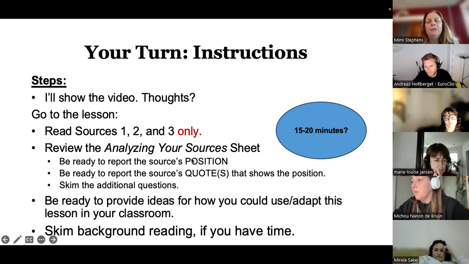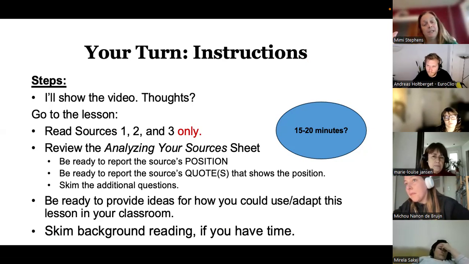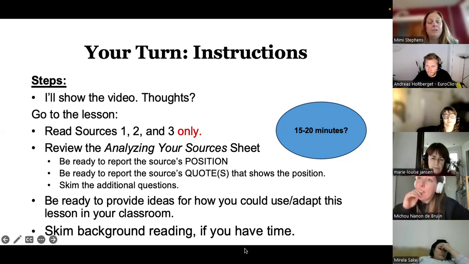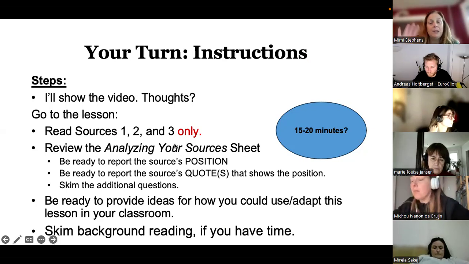And then I'd like you to look at the Analyzing Your Sources sheet and be ready to come back and do a little report out on what each source said about their position. Should the monuments come down or should they stay up? And then I always like to have students think about what quotes they find in those sources. And you can skim around at some of the other questions. We won't have time to do that. And then I'll bring us back together, see if people have thoughts or questions or comments.